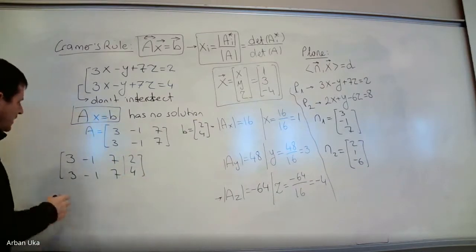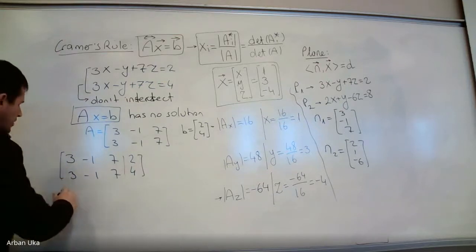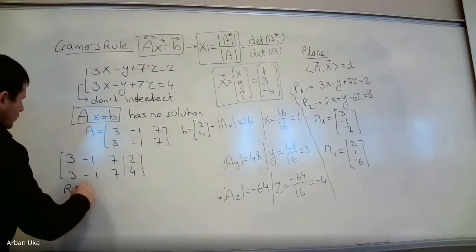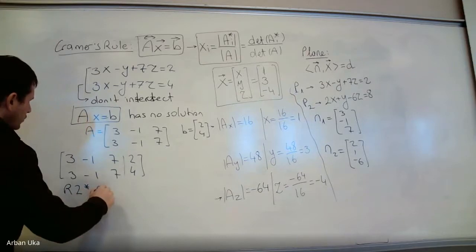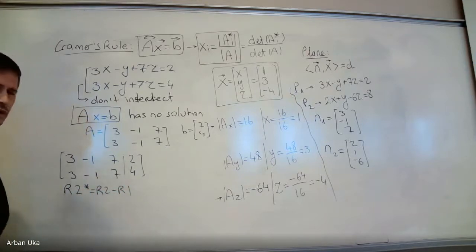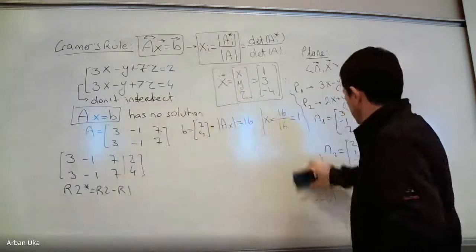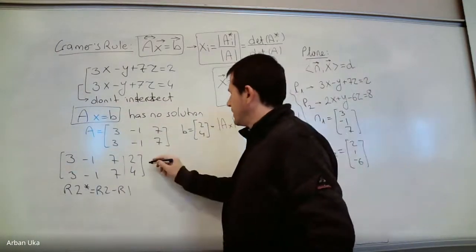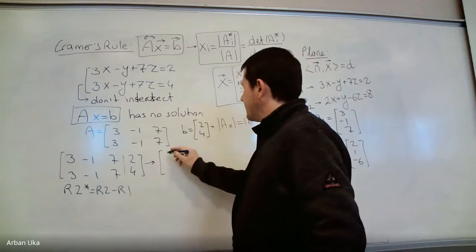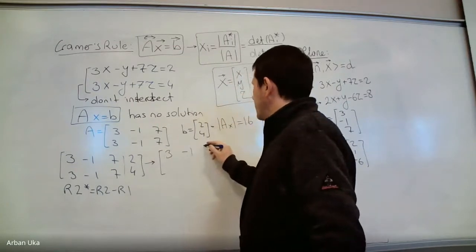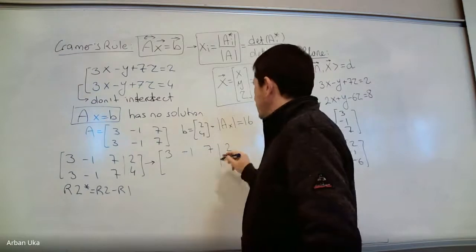We do a row operation: Row 2 star equals row 2 minus row 1. Would you agree here? So then we go next and we have 3, minus 1, 7, 2.